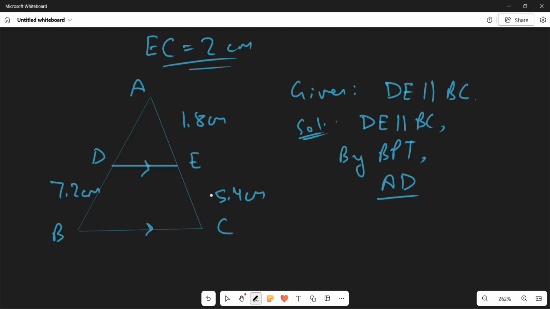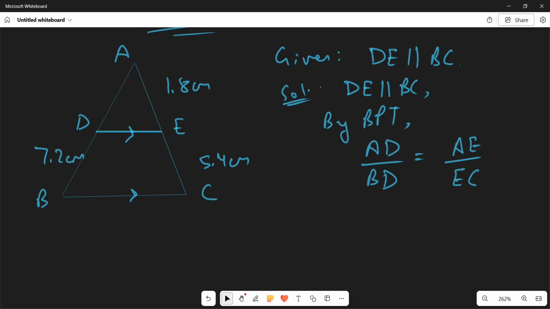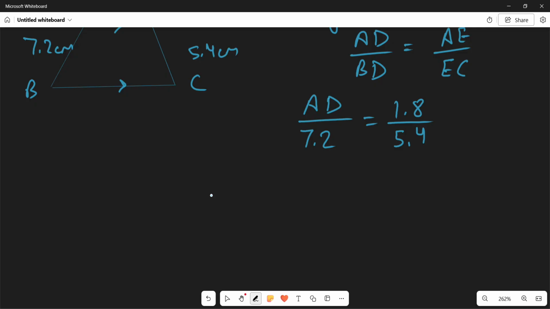So AD upon BD equals AE upon EC. So I can easily find the missing side from here by substituting the values in this ratio. AD upon BD is 7.2 equals AE is 1.8 and EC is 5.4.